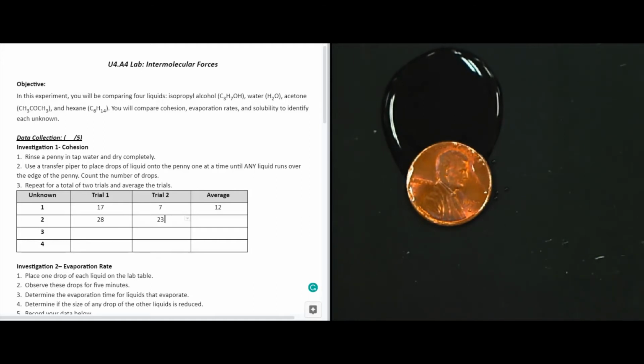And then again, we want to take an average, about 25.5 drops.